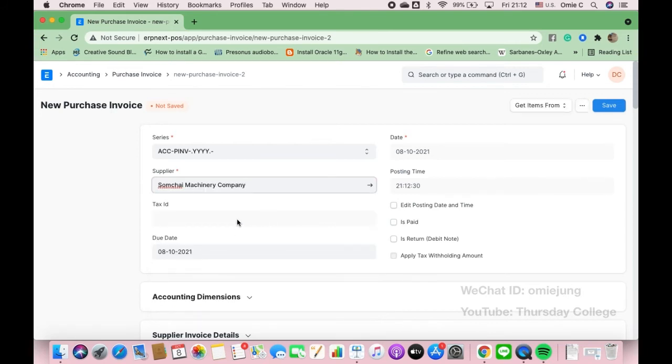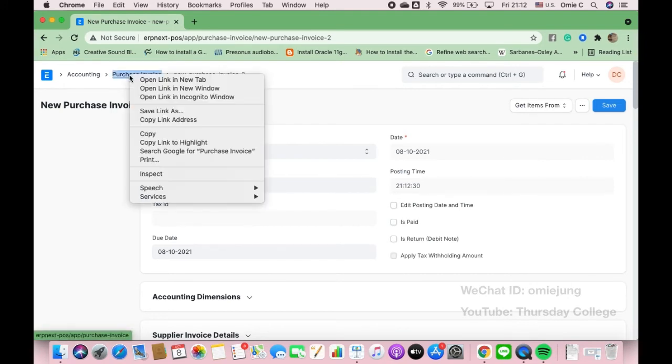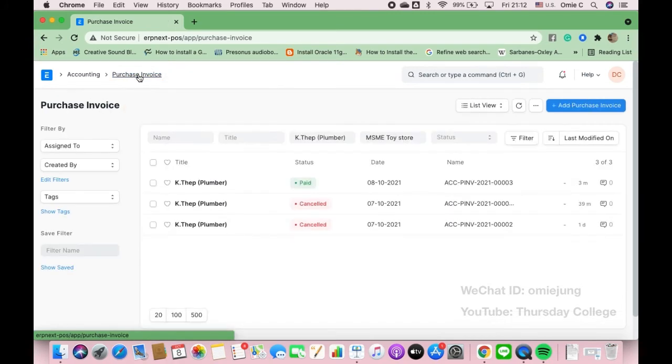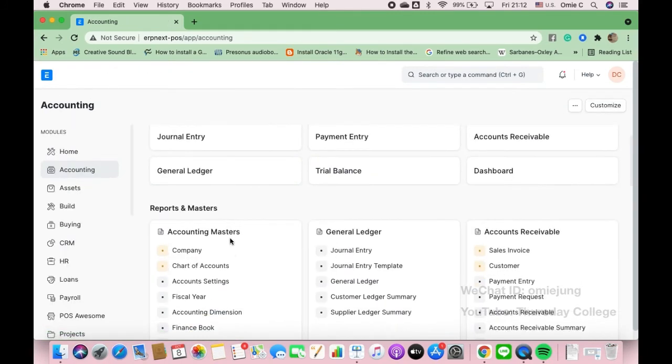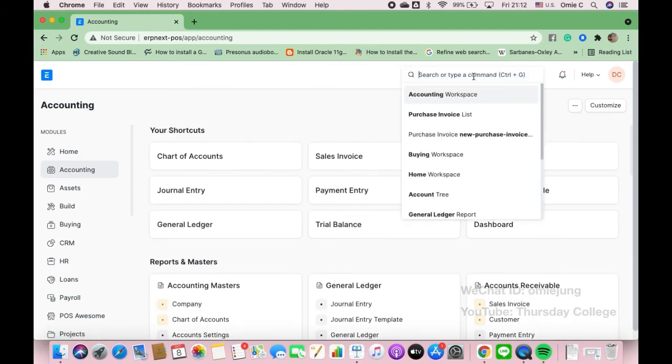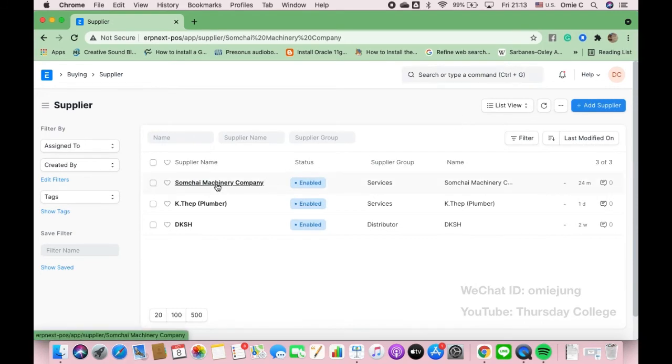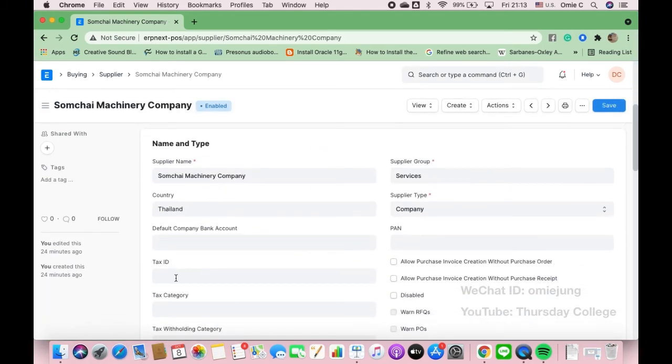I forgot to put the tax ID for Somchai, so I go to the supplier, Somchai Machinery, and put the tax ID first.